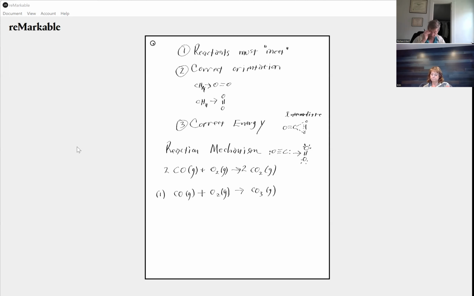So I'm going to suggest that in the second reaction, in this intermediate, another carbon monoxide is going to come along here and take one of these oxygens away. So we start now with our intermediate.